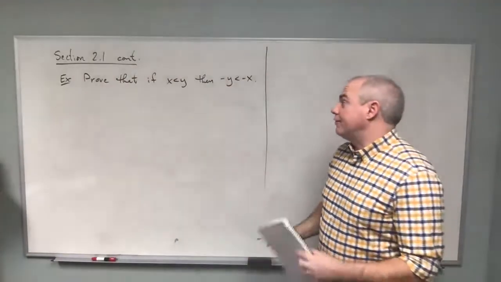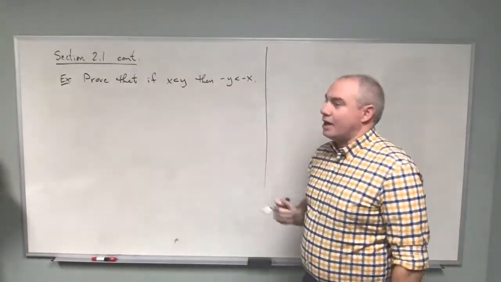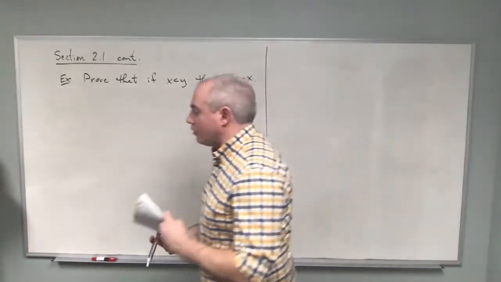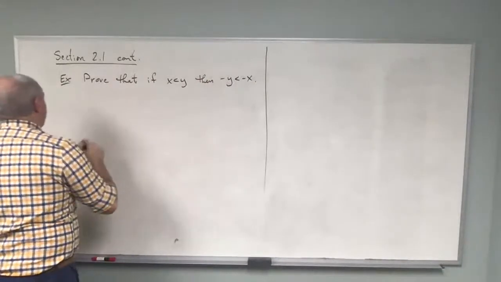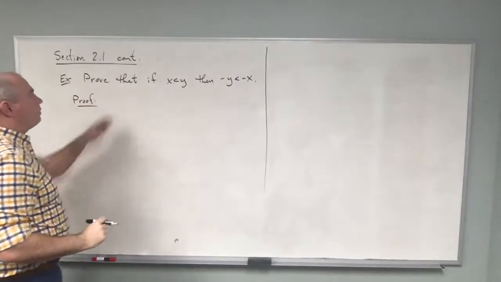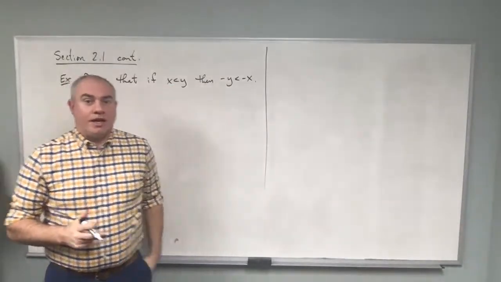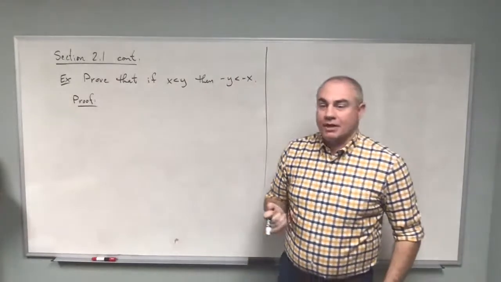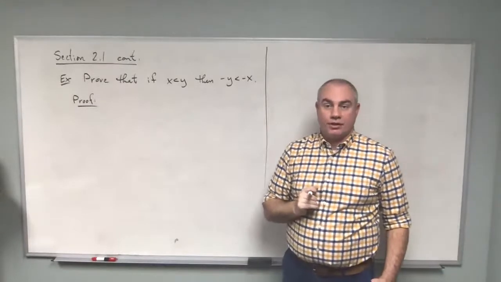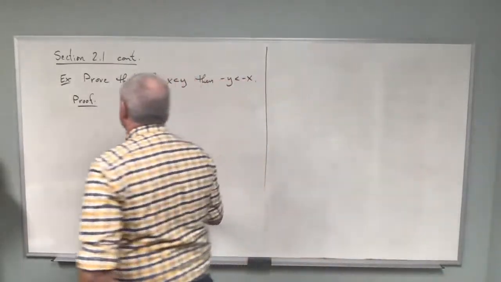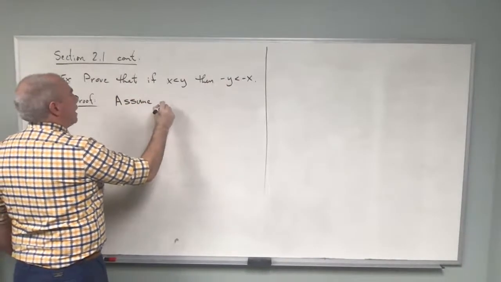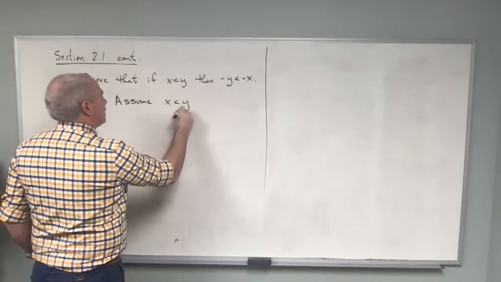So we'd like to prove that if X is less than Y, then negative Y is less than negative X. And the way that we can do this is, so proof. Notice we're proving an if-then statement. And whenever we prove an if-then statement, what we do is we assume the hypothesis and then we prove the conclusion. So my first line of my proof should be assume that X is less than Y.